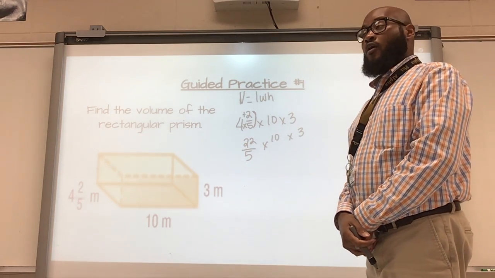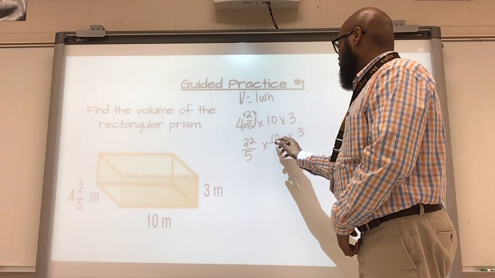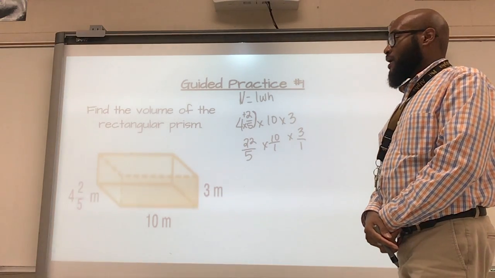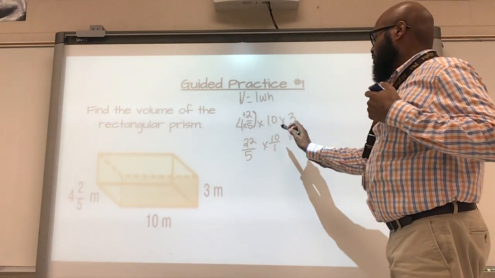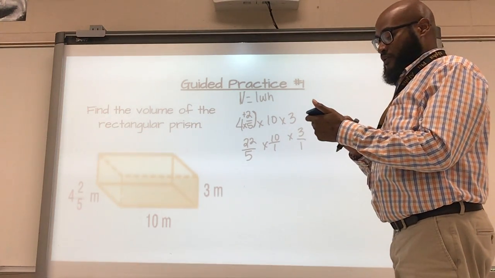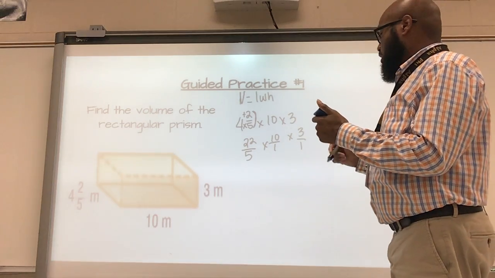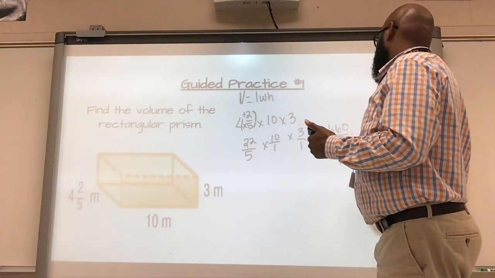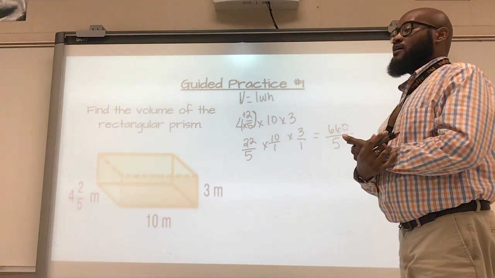To change a whole number to a fraction, we put a 1 under it. And then we follow the rules for multiplying fractions. So using a calculator, you could take 22 times 10 times 3, which equals 660. 5 times 1 times 1 equals 5.